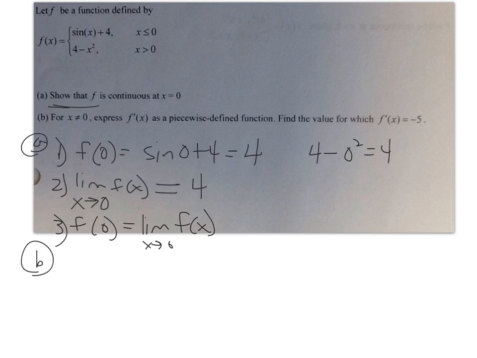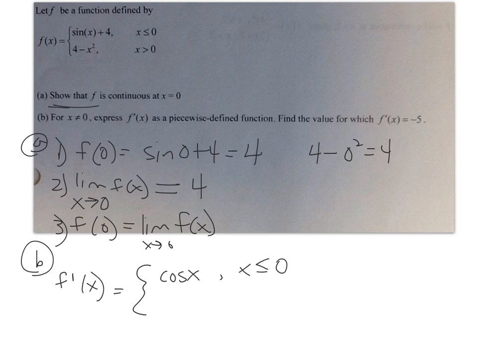Part B. Express f prime of x as a piecewise defined function. Alright, so f prime of x is going to equal the derivative of the first piece. So the derivative of the sine is the cosine, and the derivative of plus 4 is 0. So we're going to be on that when we have x values less than or equal to 0.